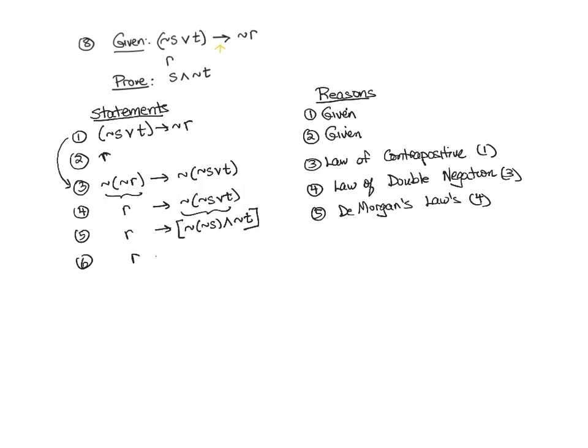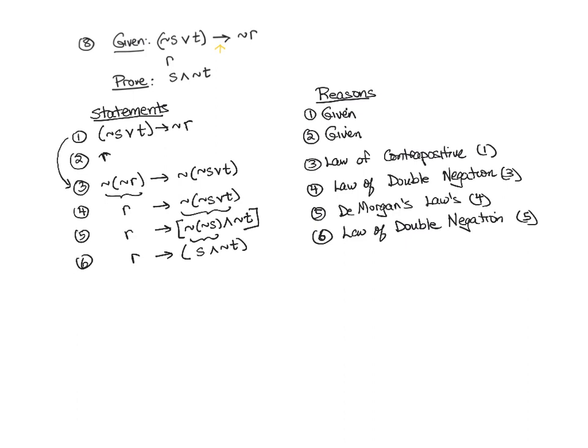Then, of course, we use the law of double negation again. And we have a choice. We could either write the same reason as 4, or we could say law of double negation, but we would have to change the step to step 5.